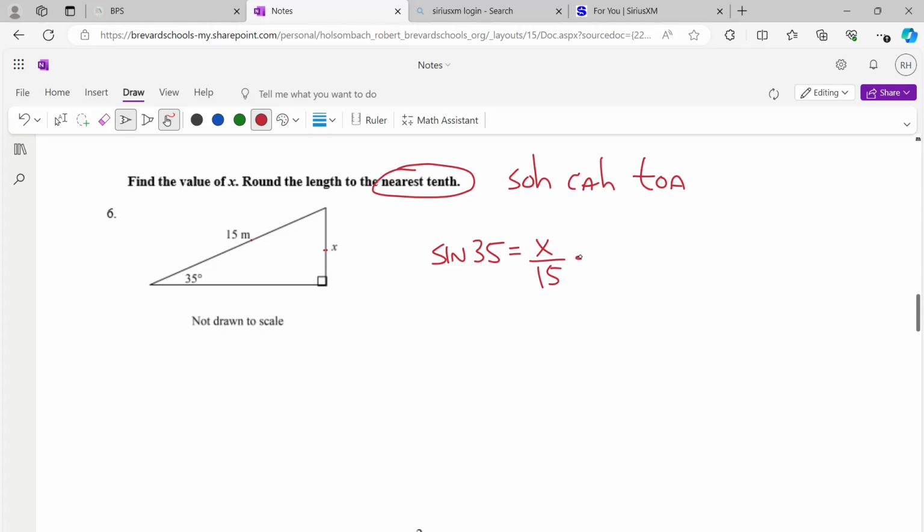We can multiply both sides by 15. And 15 times sine 35 equals 8.6. On the right-hand side, the two 15s cancel and the x falls down. So there's our side length to the nearest tenth.